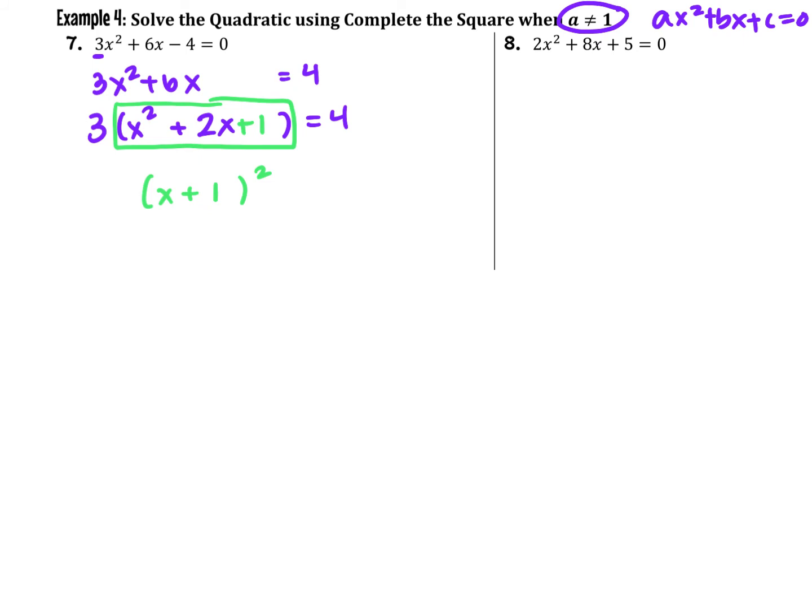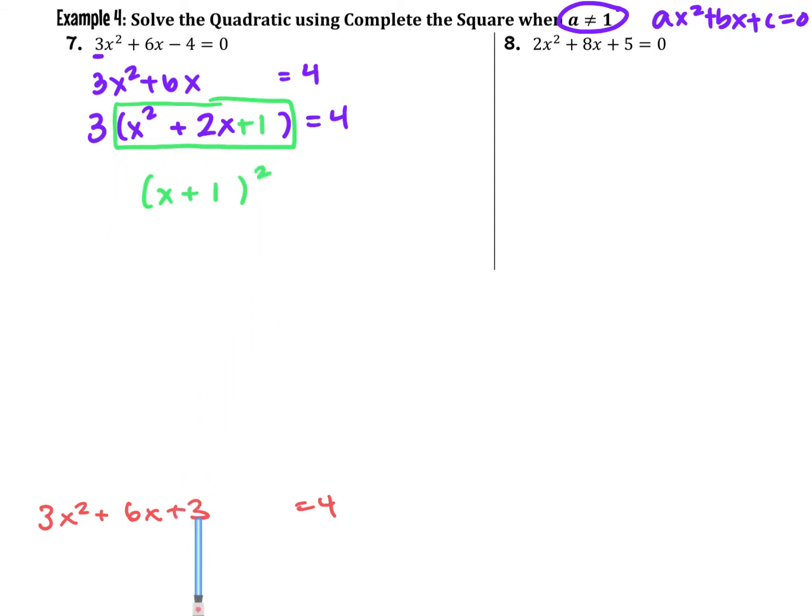I'm working off to the side just so that you can see why this happens. If I distributed that 3, I would get 3x squared plus 6x plus 3. And on the right-hand side, I would still have 4. So I want you to ask yourself, what's different between the first step that I wrote and this step right here? It's not that I just added 1, it's that I added 3 times this 1.